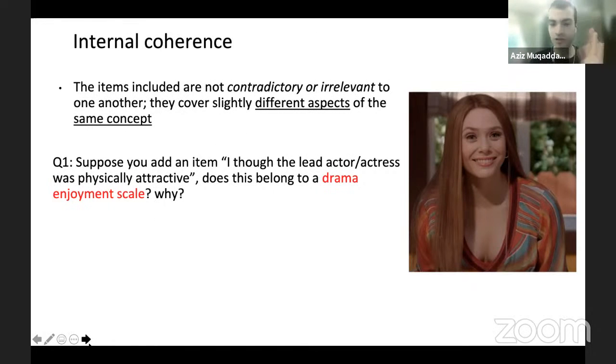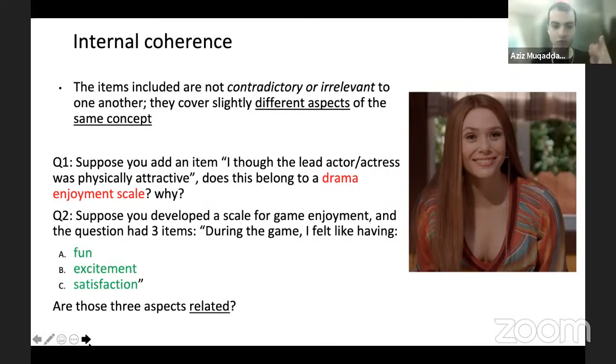When you're measuring enjoyment, you're measuring things related to enjoyment, right? But here, suppose you're developing a scale for game enjoyment, to change it a little bit. And then the items ask, do you think the game was fun? Did you think the game created a fun experience, excitement, and satisfaction? Are those three aspects related? So fun, excitement, satisfaction? Yes, no?